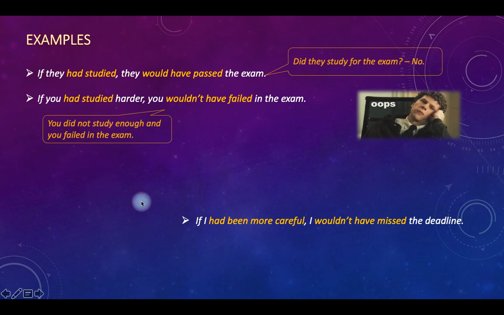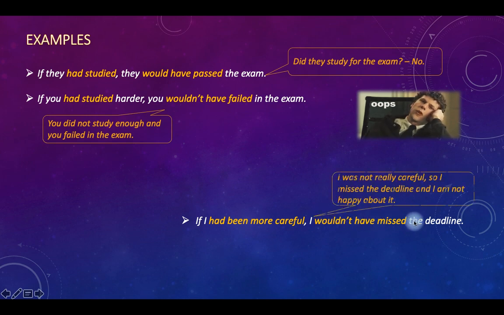If I had been more careful, I wouldn't have missed the deadline. Daha dikkatli olsaydım deadline'ı kaçırmazdım. So the meaning is that I was not really careful, so I missed the deadline and I'm not happy about it. I regret it.